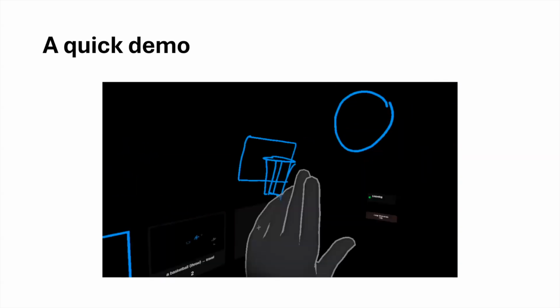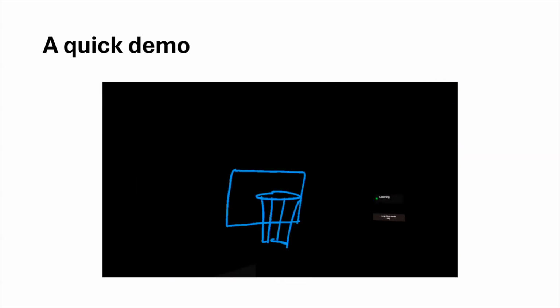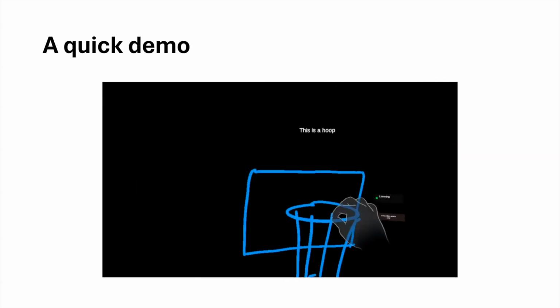So as I was moving it, I said the basketball hoop is moving left and right, and then I'm going to throw the basketball. And because the system recognized this motion, when I said I'm going to throw the basketball, it would actually throw the projectile. So when I did it again, the basketball went that way.